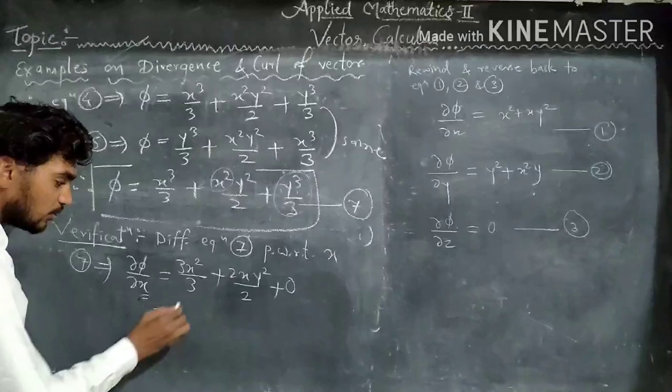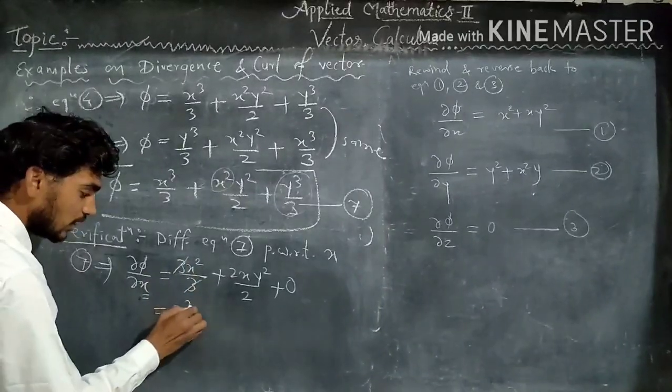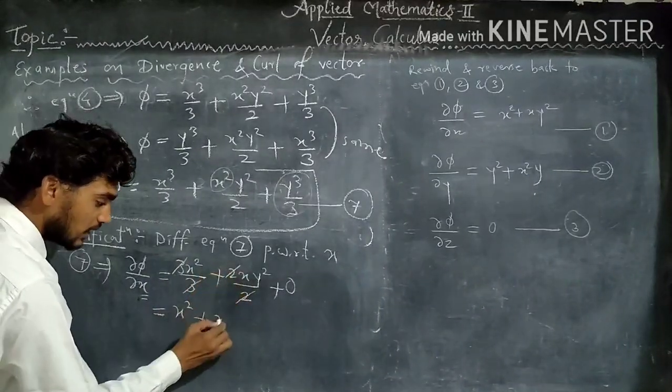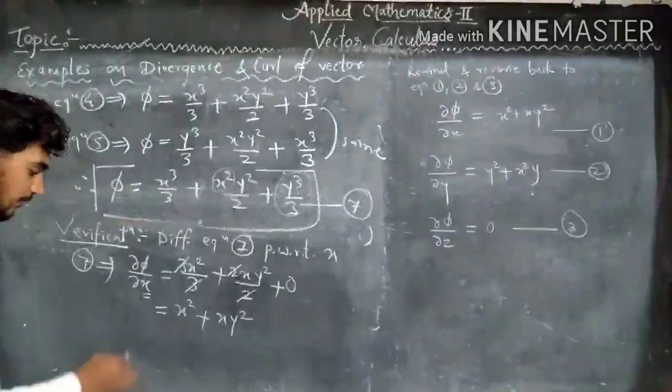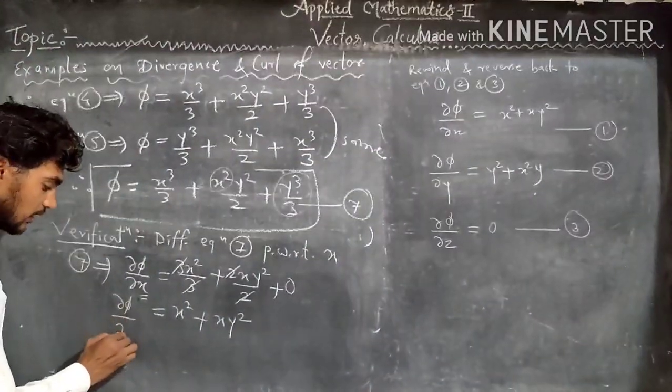This is equal to x square plus x y square, that is del phi by del x.